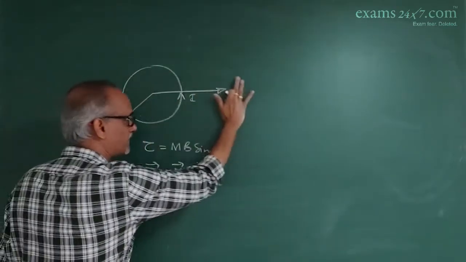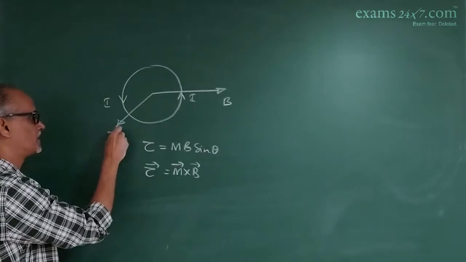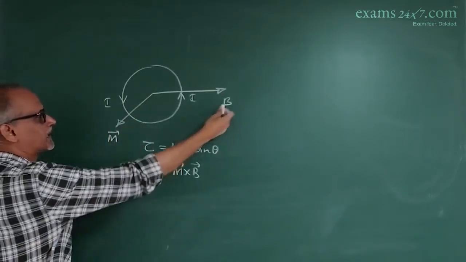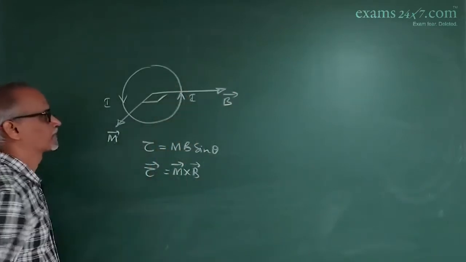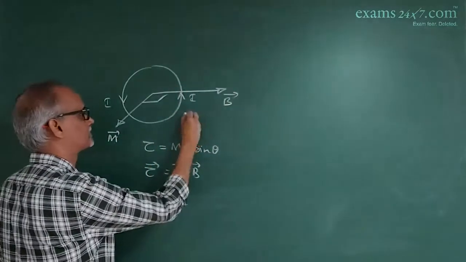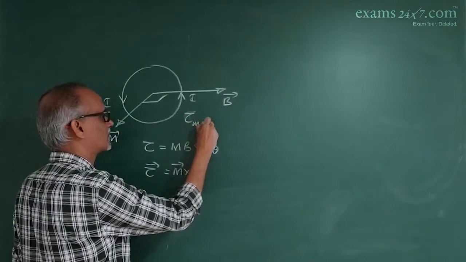The coil is parallel to the field, whereas the magnetic moment is perpendicular. So what is the angle between the two vectors M and B? It's 90. So now the torque is maximum.